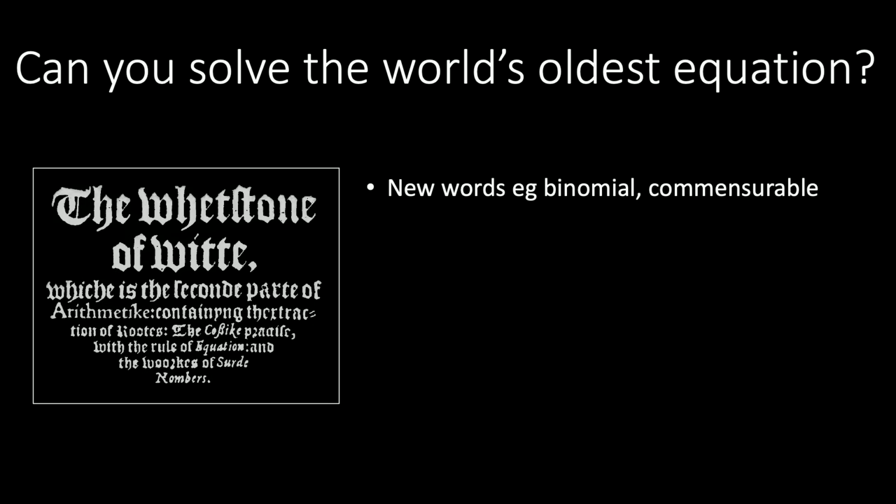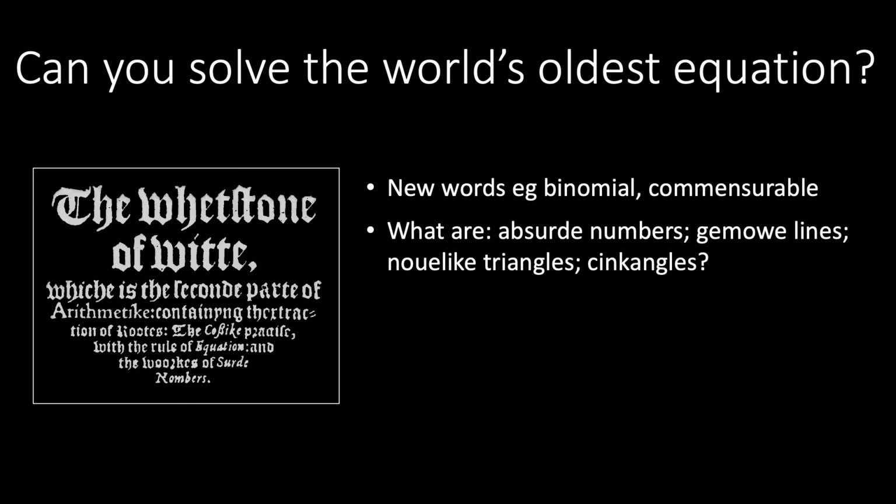I can't quite stop myself mentioning some words that didn't stick. So what do you think these words mean? Well, absurd numbers, that's what he called negative numbers, still the old prejudice, they're absurd. Gemowe lines, which has the same root as Gemini, twin lines, that means parallel lines. And his decision about calling the equal sign a pair of parallel lines, he said, was because no two things can be more equal than two parallel lines.